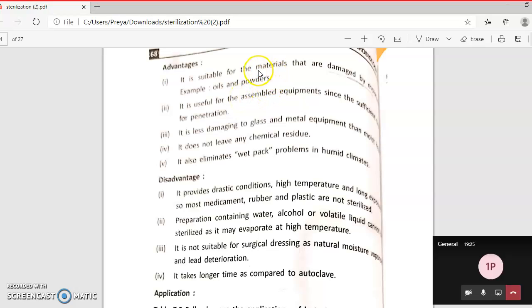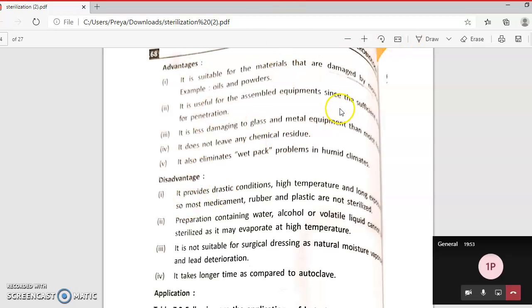If this is asked in the comment, whether oils and powders can be sterilized by hot air oven, your answer should be yes. Why? Because oils undergo rancidification and powders become sticky or wet in the case of moist heat. That's why we select dry heat.